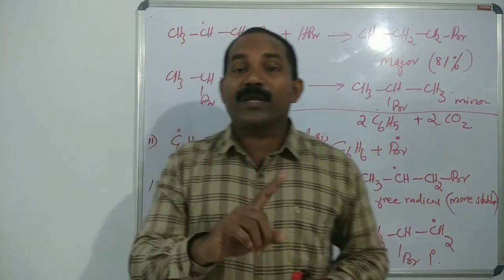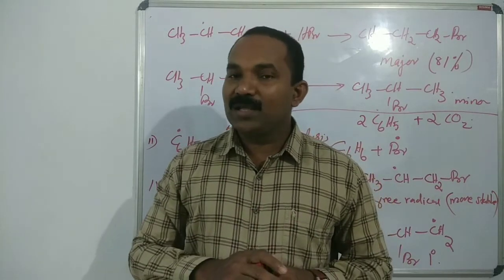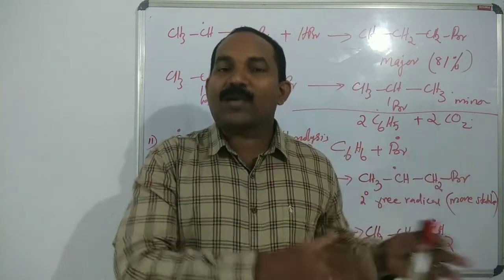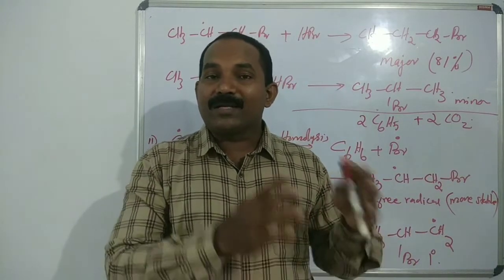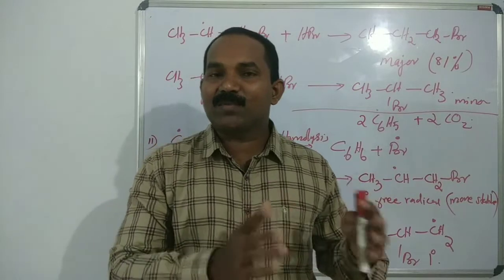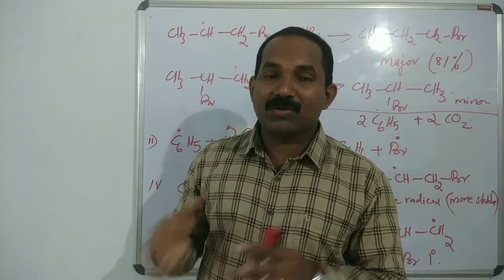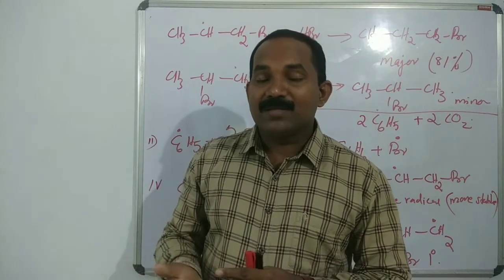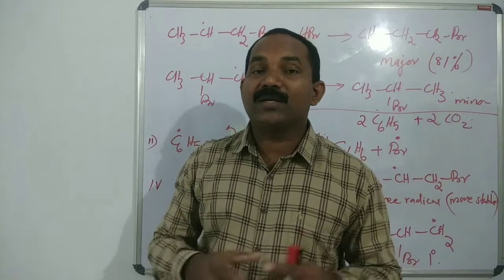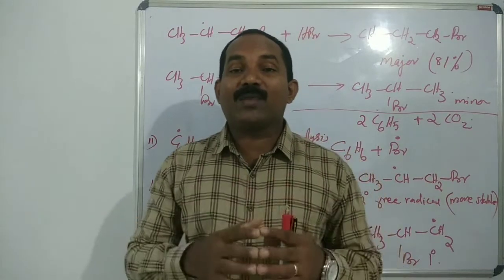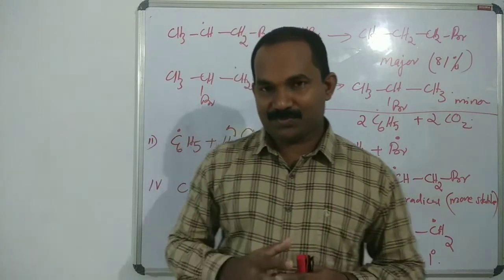The Markovnikov addition is electrophilic addition. That's the difference. In Markovnikov addition, the negative part goes to the carbon that possesses less number of hydrogen atoms. In anti-Markovnikov addition, the negative part goes to the carbon that possesses more number of hydrogen atoms.